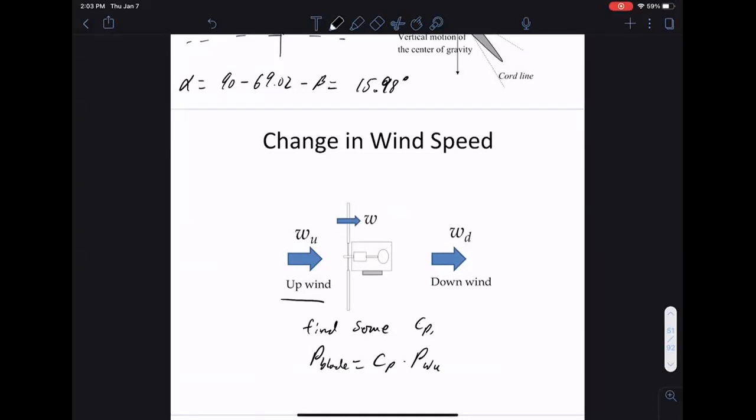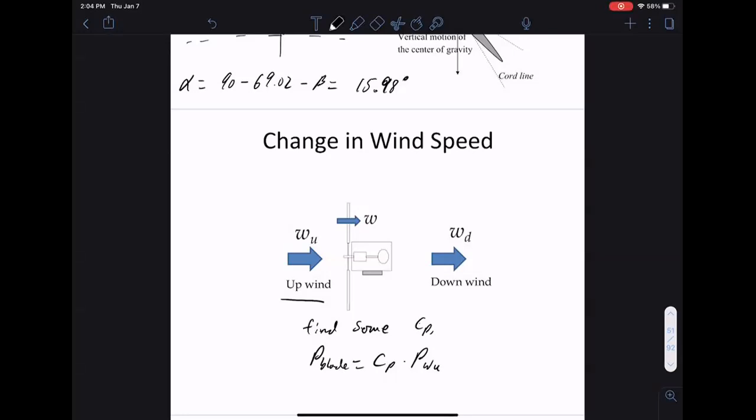So our goal is to figure out this one number. If we get it, our power calculation becomes simpler, and we can skip some of the steps in between. This number has to do with the turbine design and with the change in wind speed.